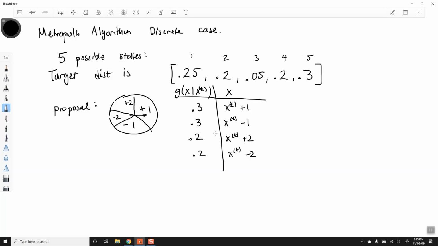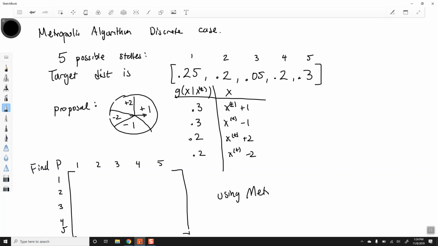So from here, we should be able to find P, the transition matrix from 1, 2, 3, 4, 5 to 1, 2, 3, 4, 5, using the Metropolis algorithm.